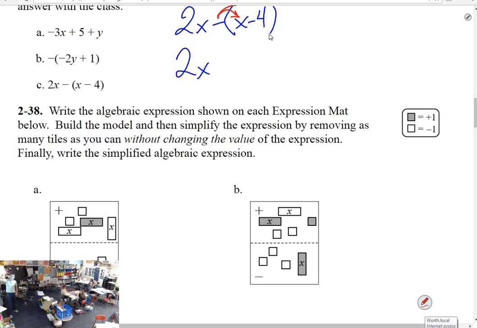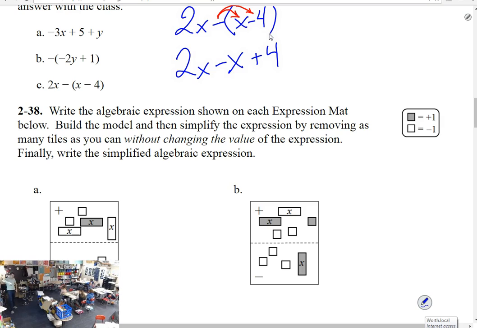So if we built it, the x and the 4 negatives were on the bottom, on the opposite region, with the 2x on top. If we bring everything up, it all flips. So this distributes, and it becomes 2x, then what? A negative x, and then plus a 4.